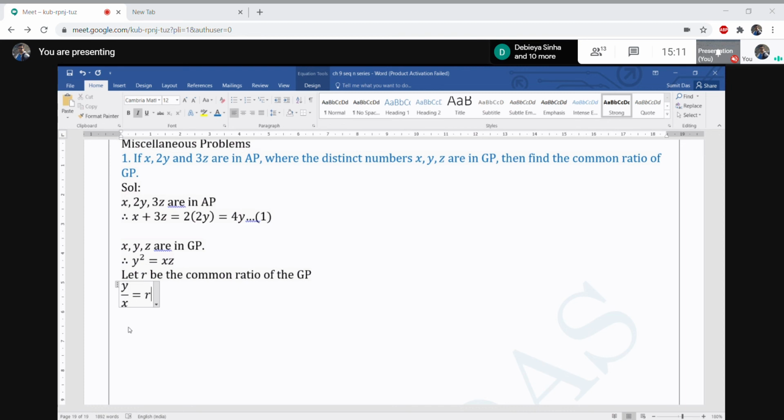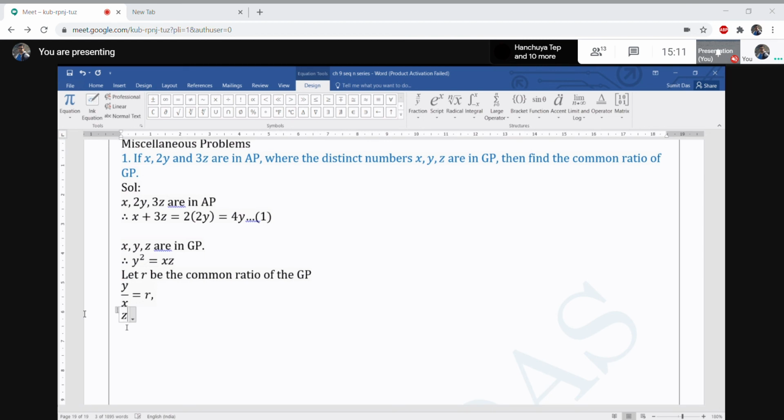Understood? Similarly, what will be z divided by y? It will also be r.